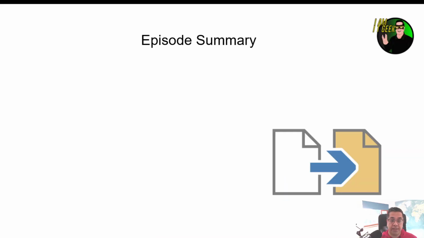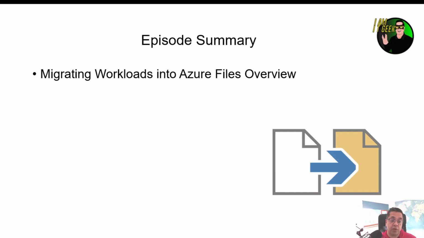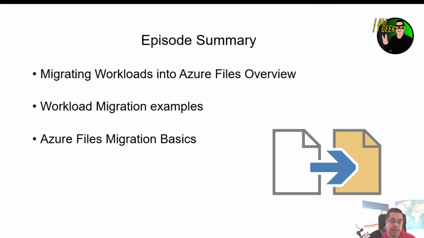So I just want to quickly go through a summary of what we've done in this episode. We had a look at an overview of migrating workloads into Azure Files, where I covered some of the high level attributes of it. I then looked at some workload migration examples, such as migrating application data that needs a file share, or looking at Windows file shares into Azure Files, or even VDI user profiles if you remember.